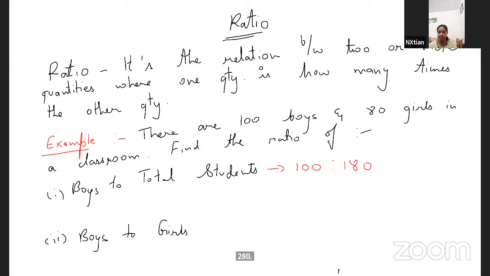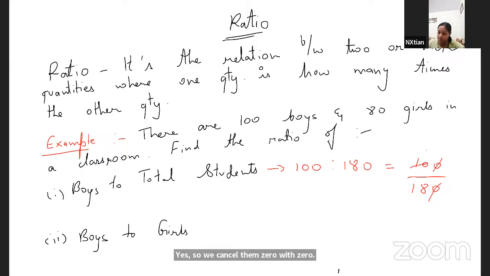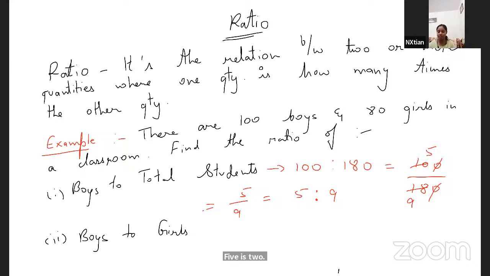So it becomes 100 divided by 180. Ma'am, 5:9. Yes. So we cancel them: 0 with 0, 2 5s are 10, 2 9s are 18. We have the fraction 5 by 9, which we will write in the form of 5:9.